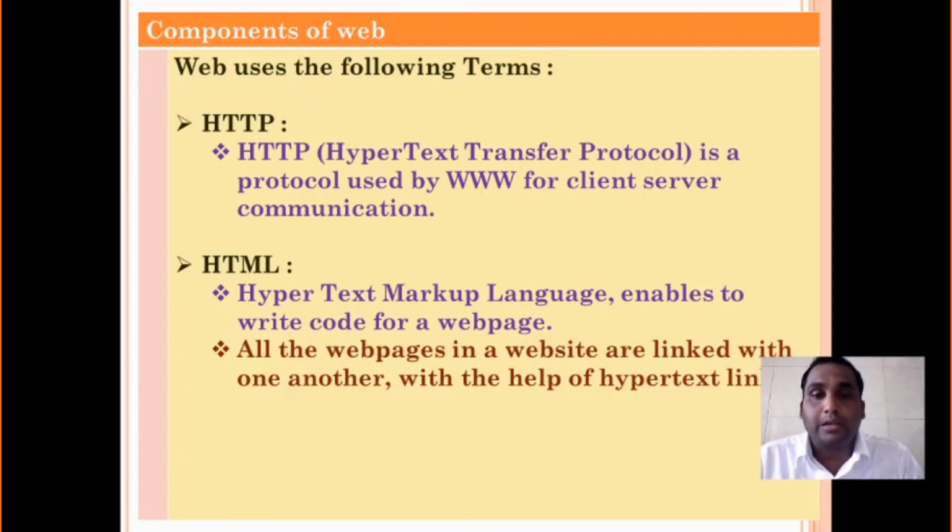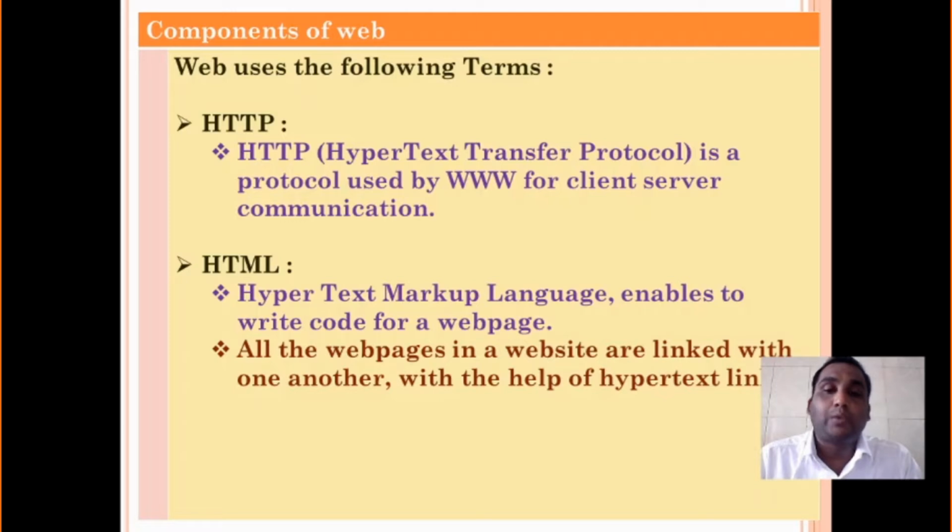Next, HTML. It is a language, hypertext markup language. It is a basic language. It is the first language to make a web page. It enables us to write code for a web page. HTML itself is a coded language for writing or designing a good web page.